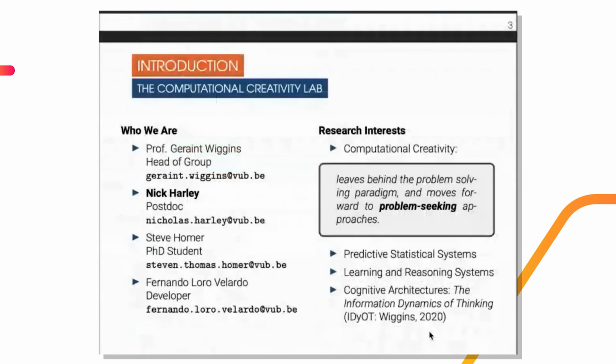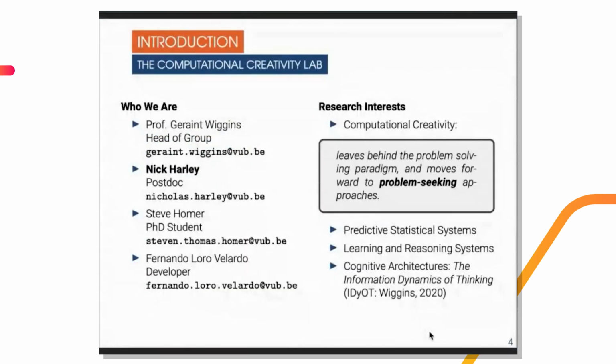So as I said, I'm in the Computational Creativity Lab. We are currently 4 members. So Professor Geraint Wiggins, who some of you will surely know, is the head of the group. And besides myself, we have Steve Homer.